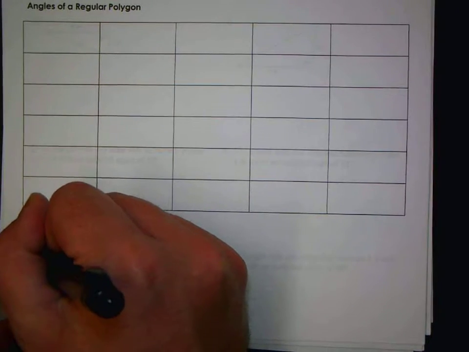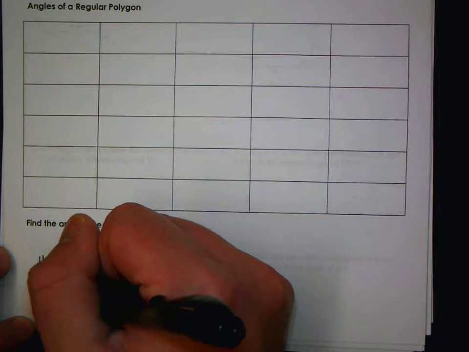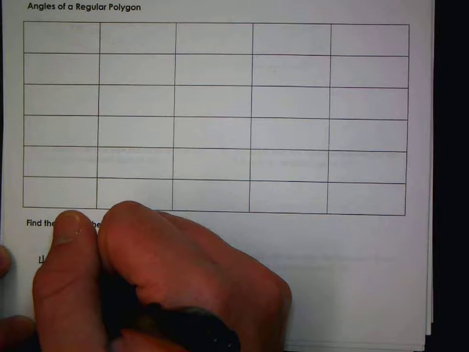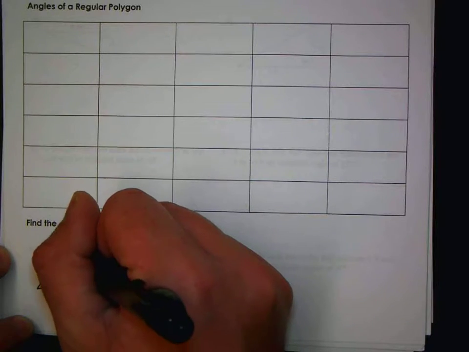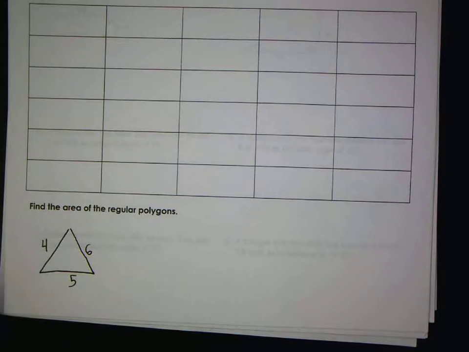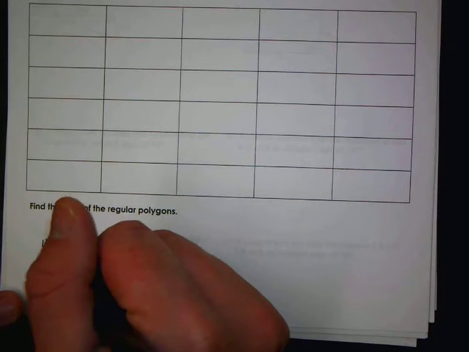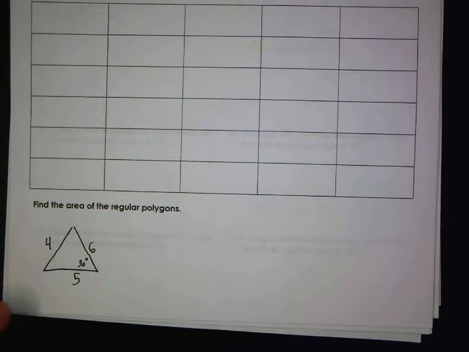And you know this is 4, and you know this is 5. And you know this is 6. And they tell you this angle is 30 degrees. Then you can find the area.